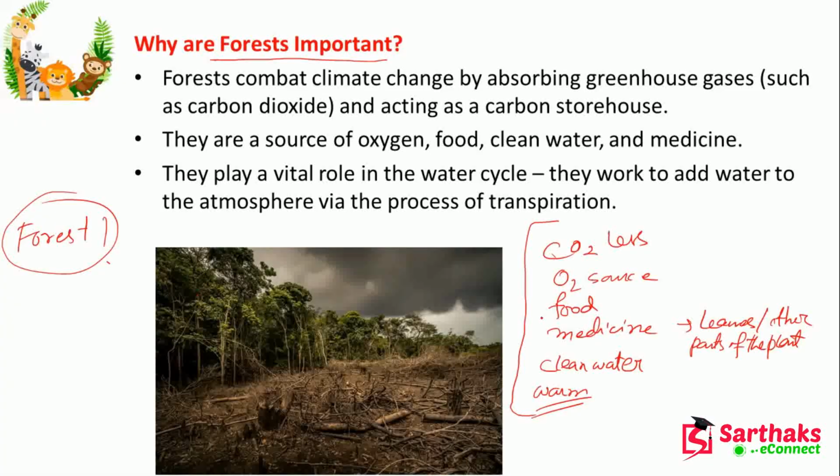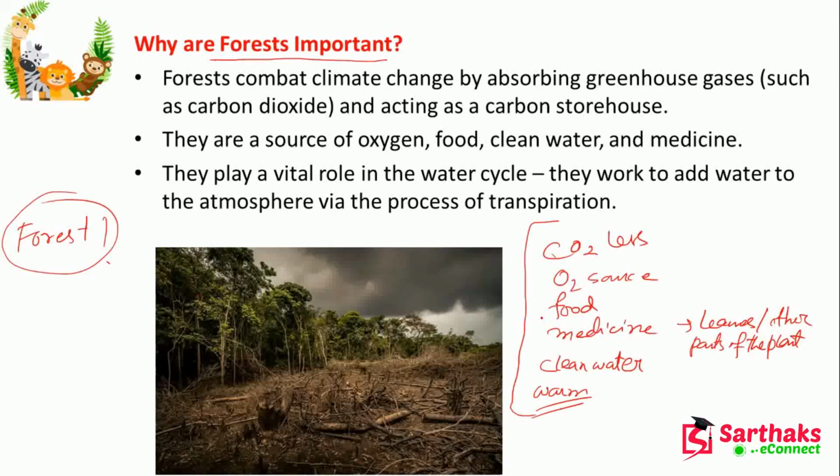So forest, what will it do? Carbon dioxide it will absorb, fine. So that there is less pollution. Pollution means what? Carbon dioxide and other dangerous gases will be high. So pollution is less. We breathe oxygen, so it is the source of a high amount of oxygen, because forest means what?